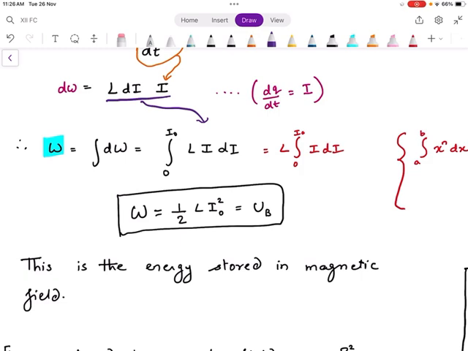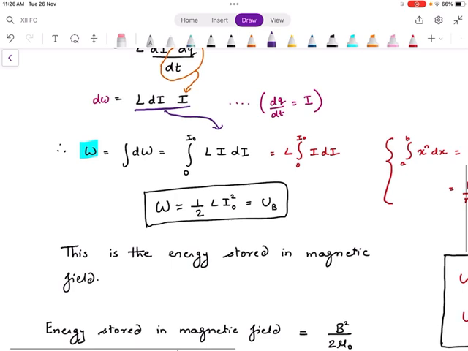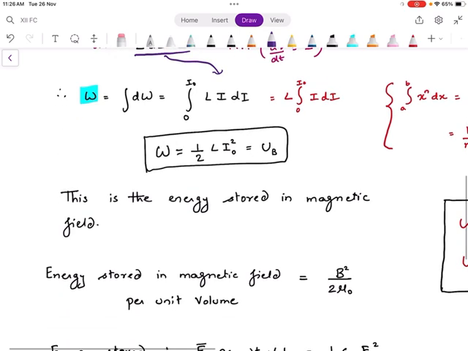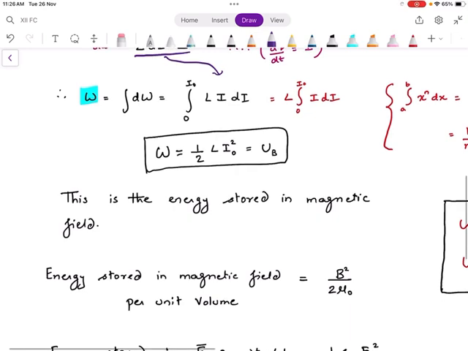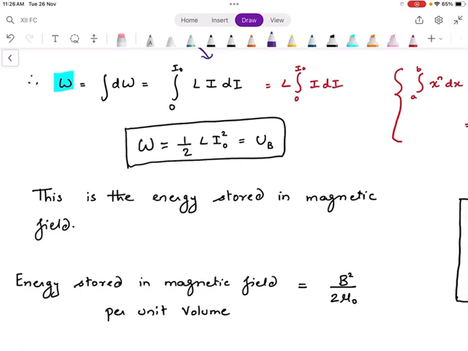This work done in moving the charge is stored as energy. This energy is called the energy stored in the magnetic field. Where is this energy stored? It is stored in the magnetic field, given by half L I square.